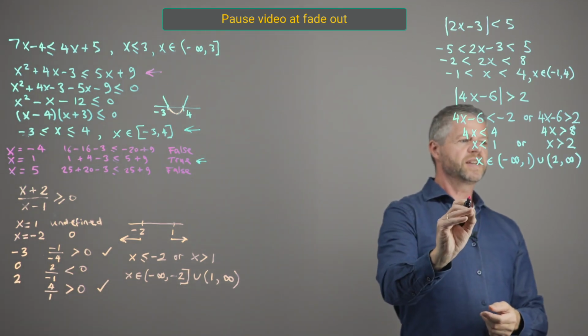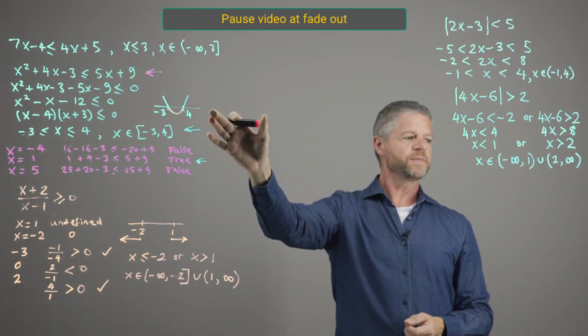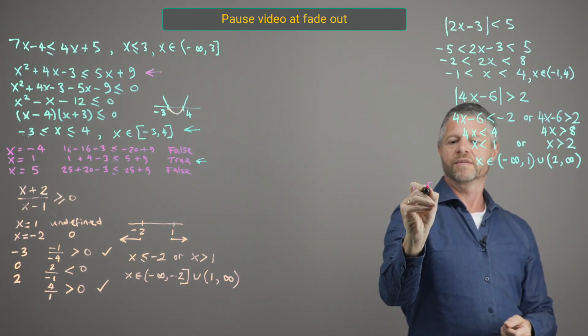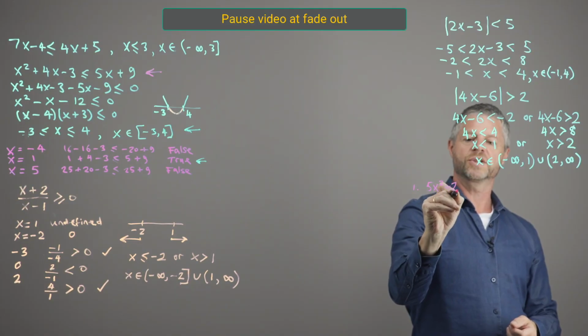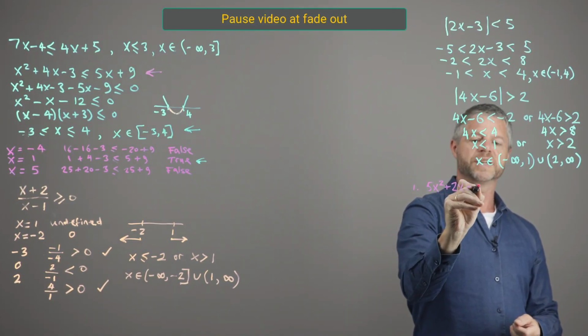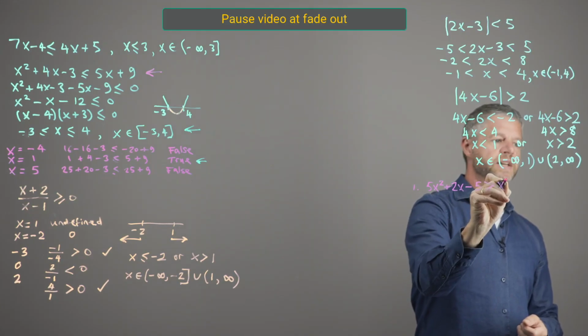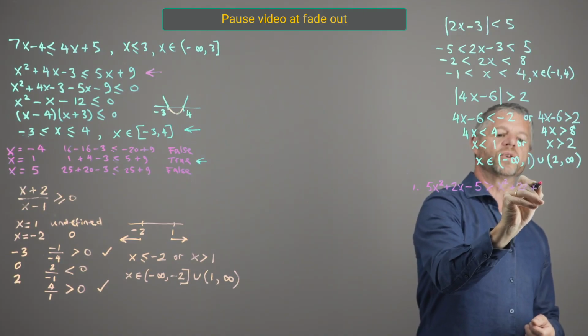So the first one, let's do a quadratic, so kind of like this one. Let's do 5x squared plus 2x minus 5 greater than x squared plus 2x plus 4.